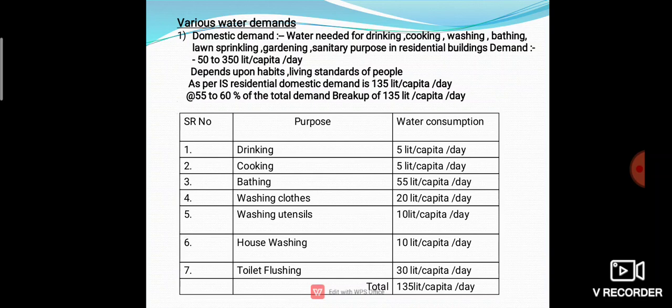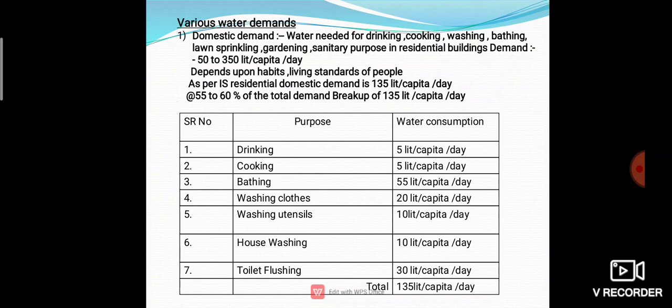Household sanitary purposes, meaning WC, floor washing, hands, average about 30 liter per capita per day. This 30 liter, plus 10 and 10 for washing, gives about 50 total for washing and toilet flushing.